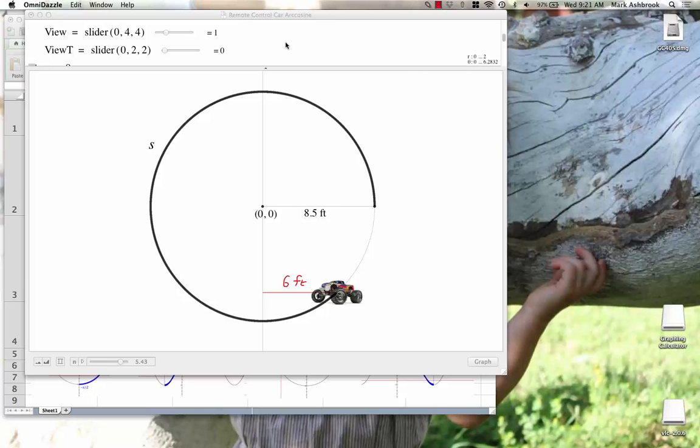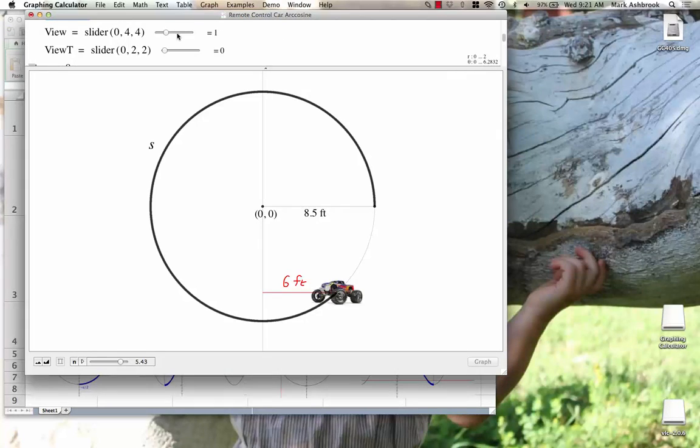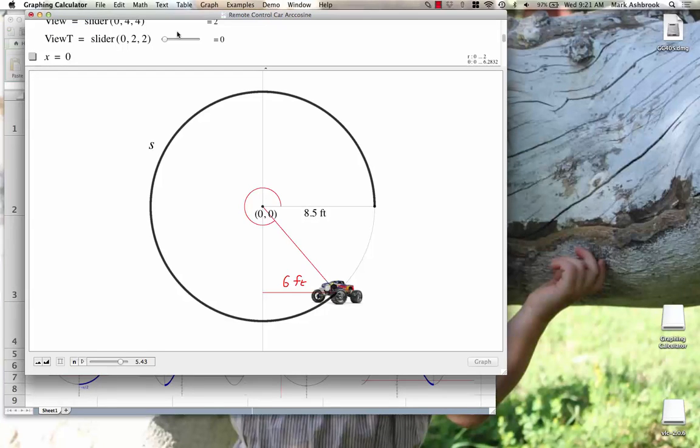Yeah, some radians. Some people are saying angle. So we want the angle swept out by the truck around the circle. So if we knew that angle, then getting that arc length would be a snap. Okay, we'd be one step away.